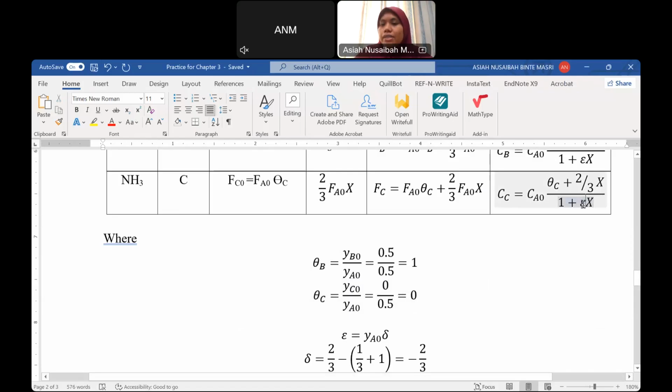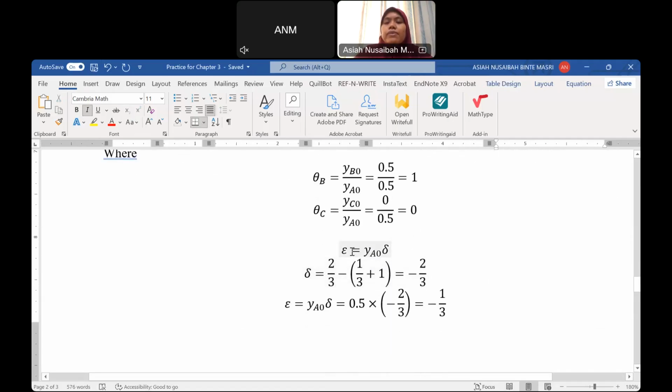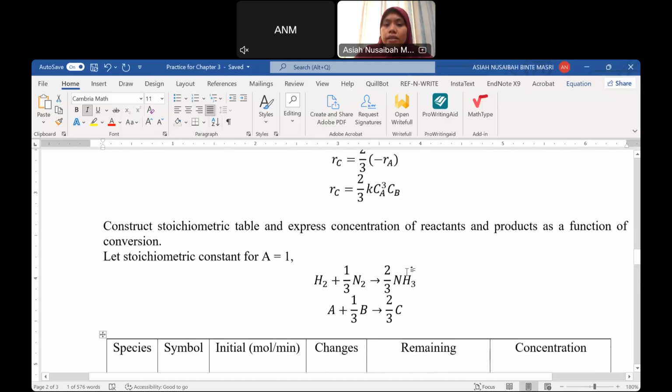What else we don't know here? We don't know what is epsilon. The rest we know. X we know in B actually. So epsilon is equal to y A naught delta. Delta is equal to the difference in the stoichiometric constants, so it will be product minus reactant. Look back at the equation here.